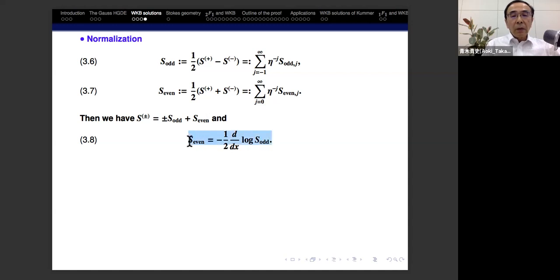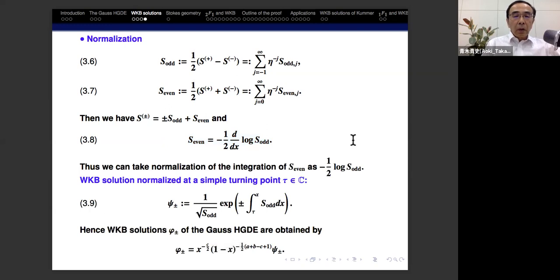That is, S even is minus 1/2 of the logarithmic derivative of S odd. This means that you can take the normalization of the integration of S even as minus 1/2 logarithm of S odd. So we can take the WKB solution normalized at the turning point tau by this equation.